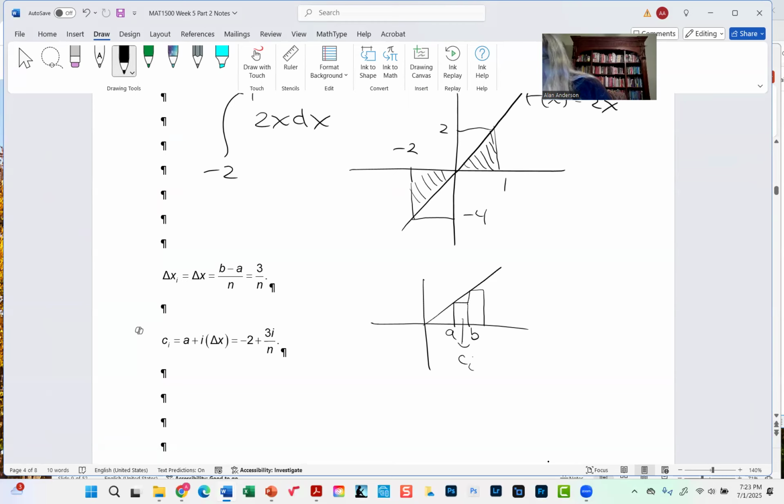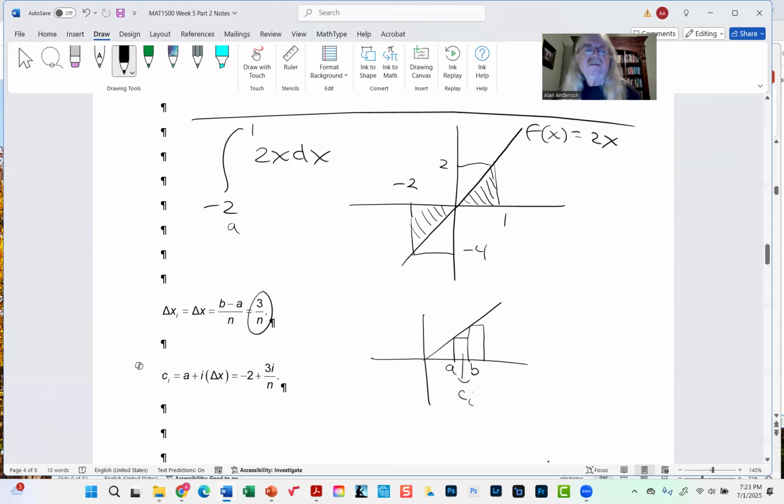And because delta x is 3 over n, by the way, don't forget this is A and this is B. So that means we have b minus minus 2. So that's why we have 1 minus minus 2, and that means we have 3 over n. So this is the formula for c i.